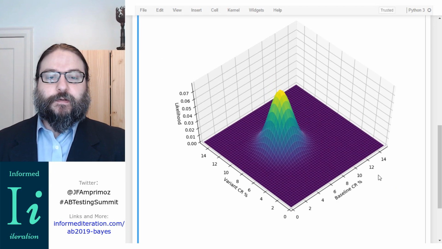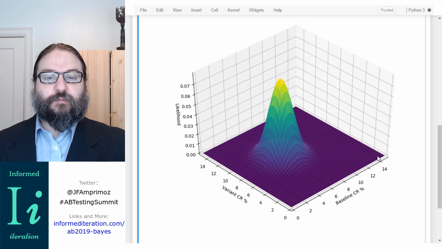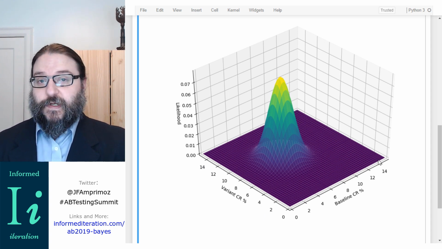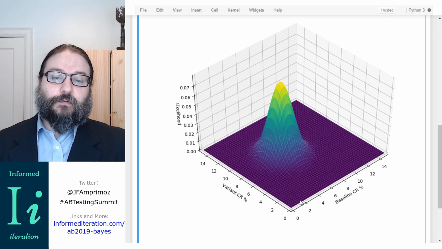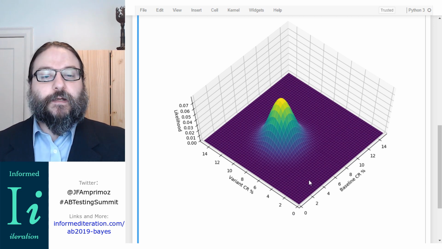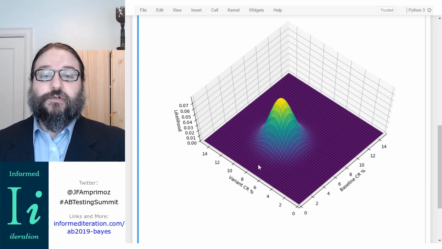Much better. Here is our joint probability distribution for the variant conversion rate on this axis and the baseline conversion rate on this axis. And what this graph is telling us is the likelihood at any given combination of conversion rates.